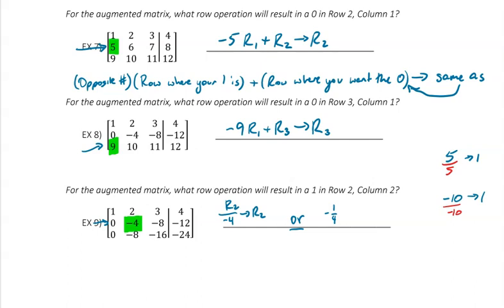But if we do -1/4 times row 2, oops, sorry, not plus, replaces row 2, that is the exact same thing. So whichever one you want to do is perfectly fine, as long as you know to do one of these two. Either way, the idea is to cancel out the -4 to turn it into a 1 by dividing by itself or multiplying by 1 over itself, or its reciprocal.